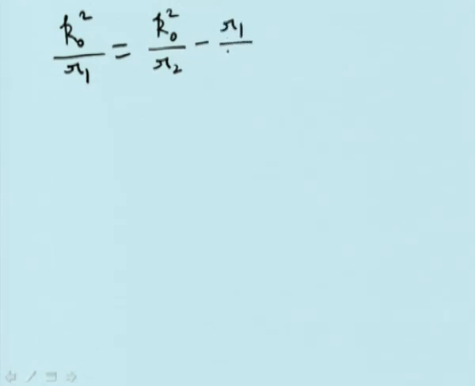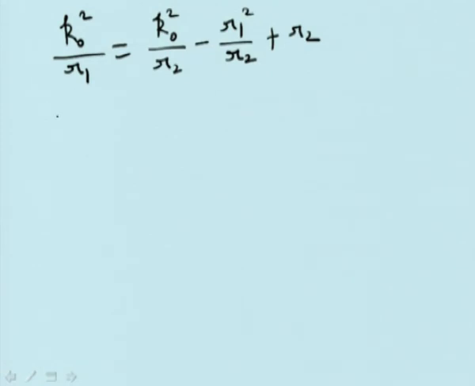This can be simplified as K0 square divided by R1 is equal to K0 square by R2 minus R1 square by R2 plus R2, which should be dimensionally balanced.